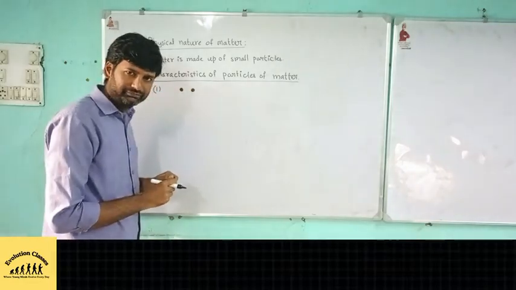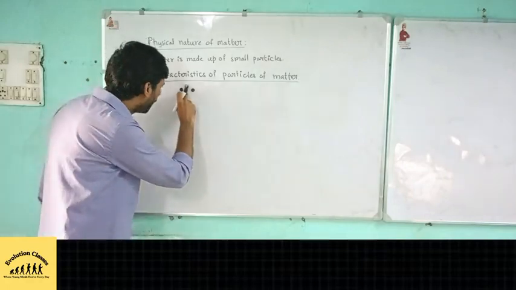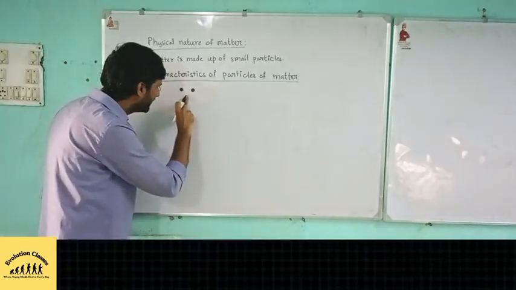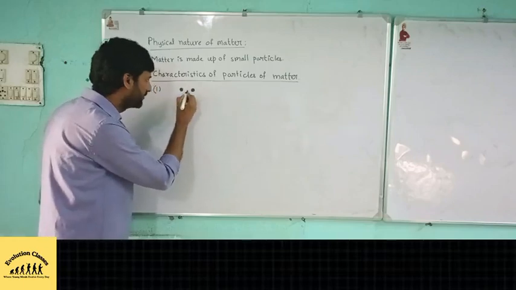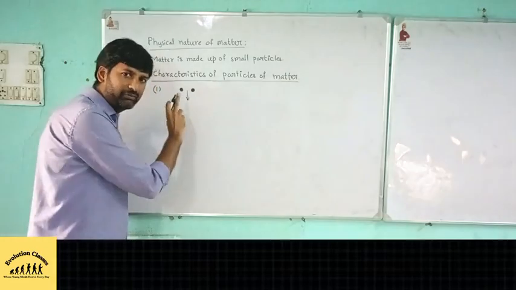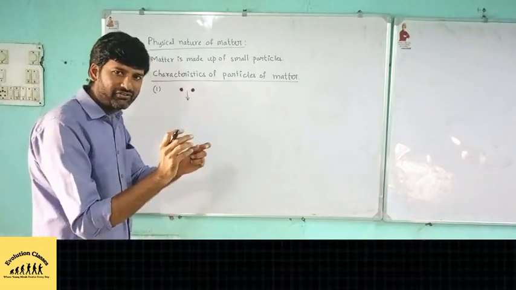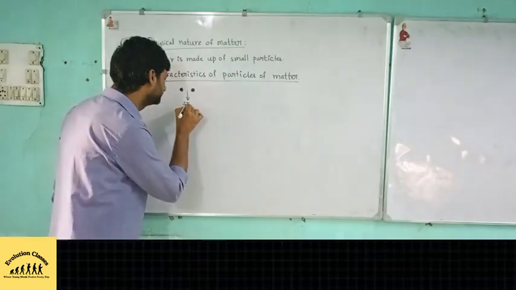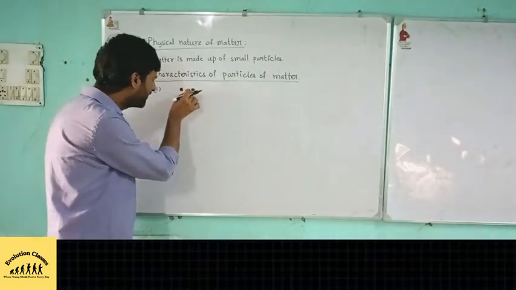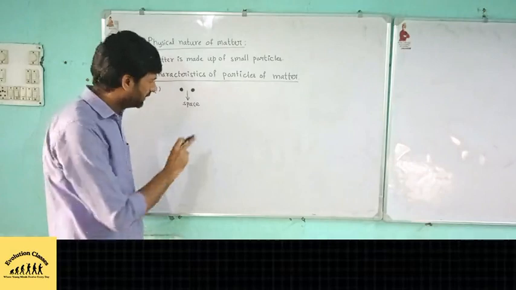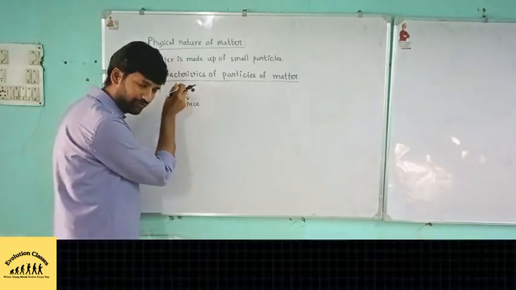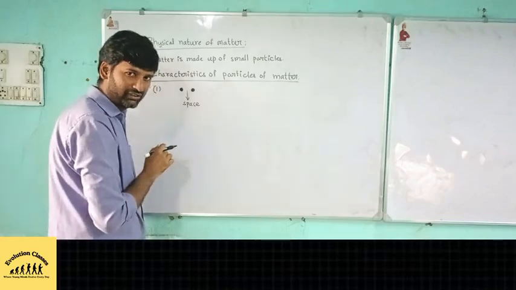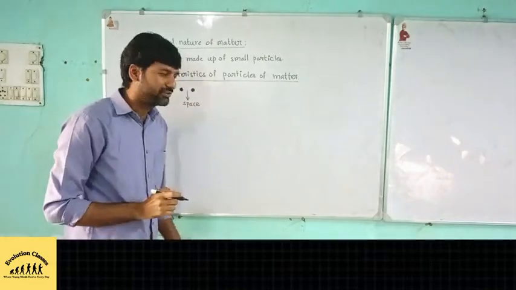What is there in between these particles? In between the particles there is a space. You can see nothing is there, just empty space. This is the first characteristic of the particles of matter.